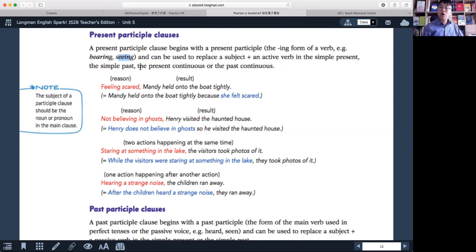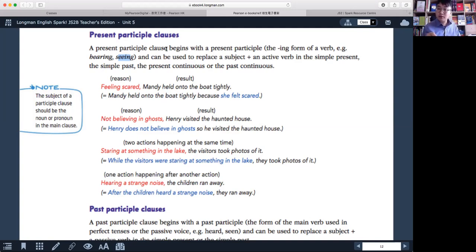When you use the present continuous tense, it is verb plus ing, or am verb plus ing, or are verb plus ing. Actually, that verb plus ing is a present participle. So a present participle clause begins with that verb plus ing that we call present participle.